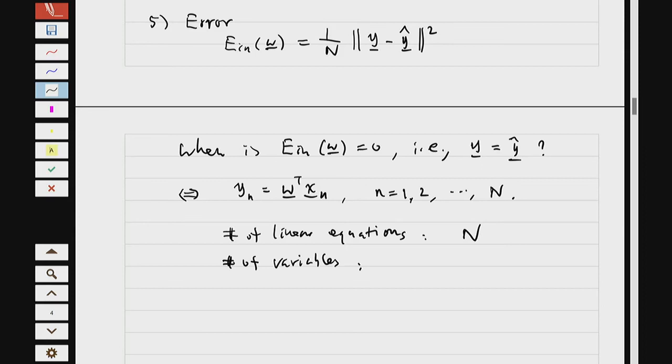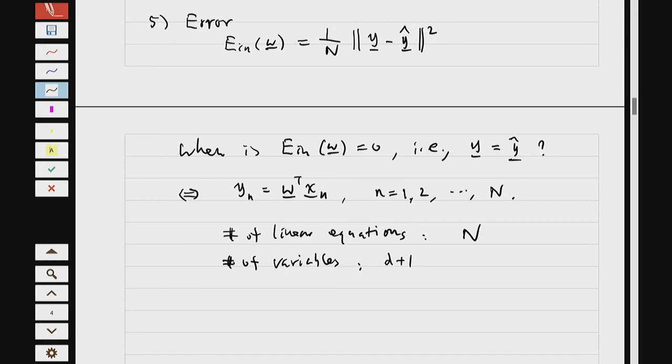It's the w's. How many w values do we have to decide? What is the dimension of w? It's d plus 1. So we have n linear equations, and we need to solve for d plus 1 variables.